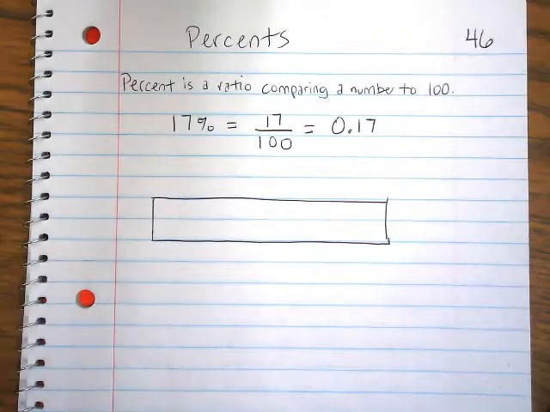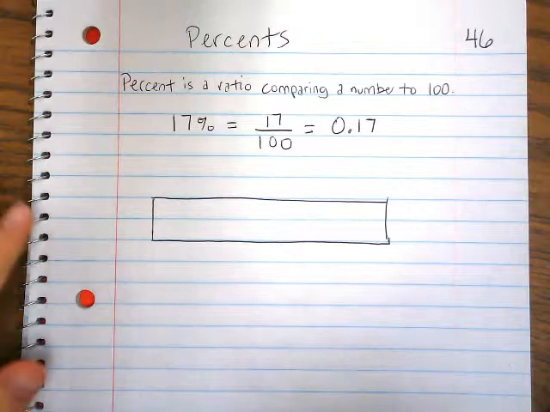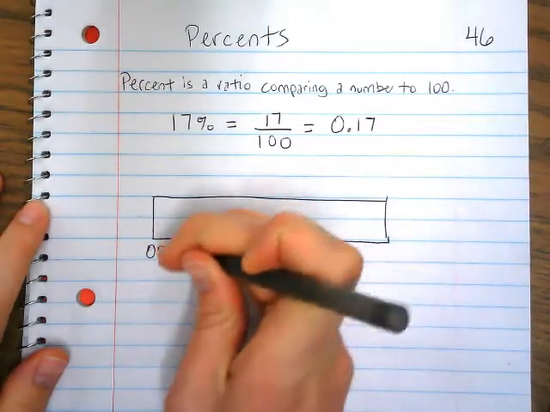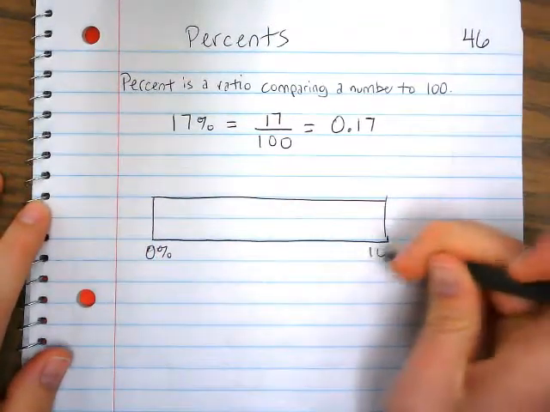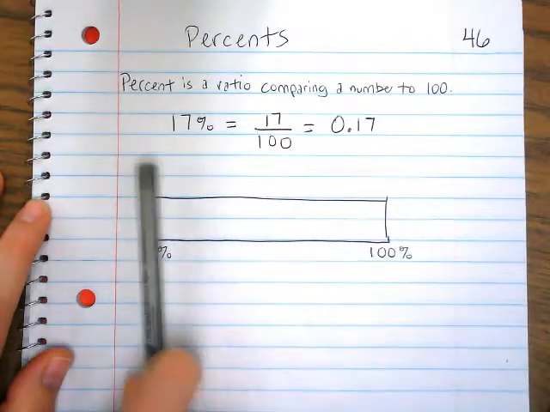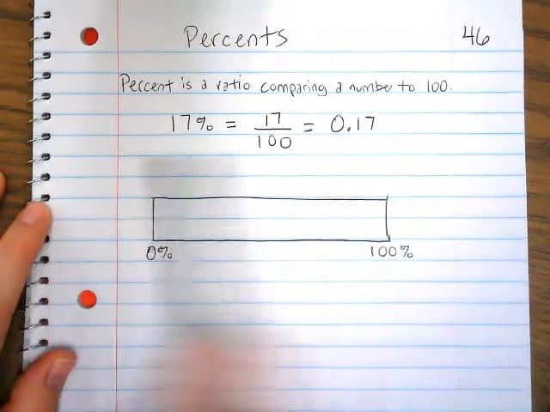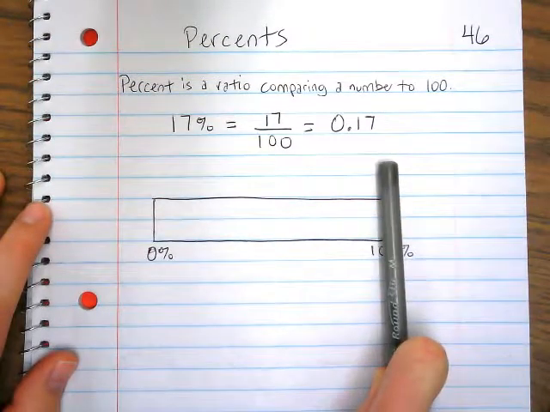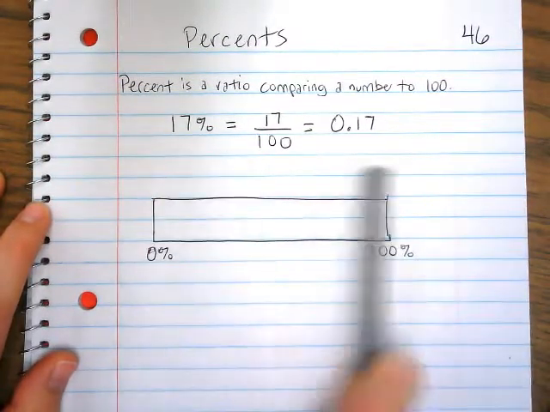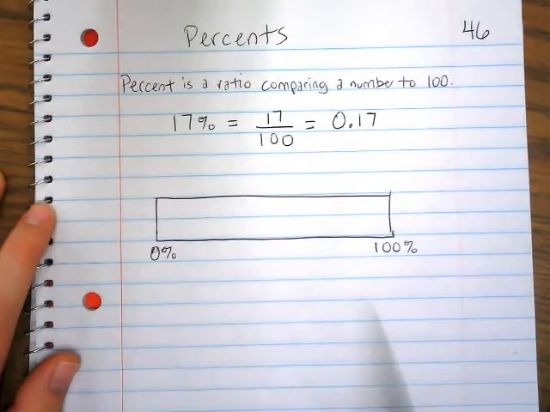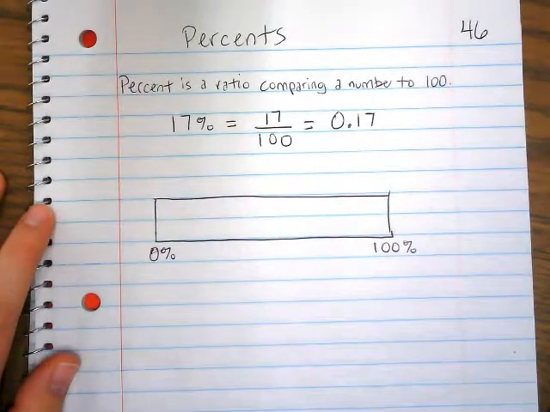I want to write down the things that you can always put on your tape diagram. I always start by putting 0% and 100%, because if I have none of my tape diagram filled in, we're at 0%. If I have 100% of it filled in, that means I have the entire thing filled in. So I can always put 0% and 100%.